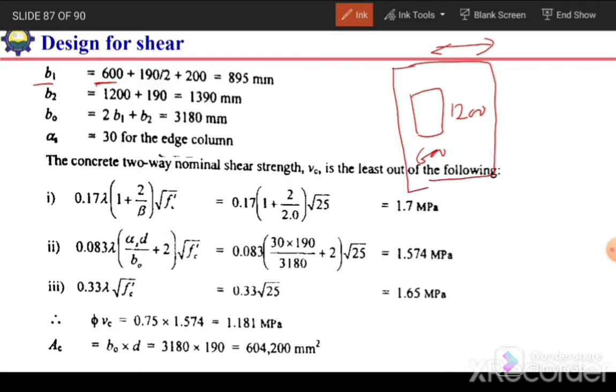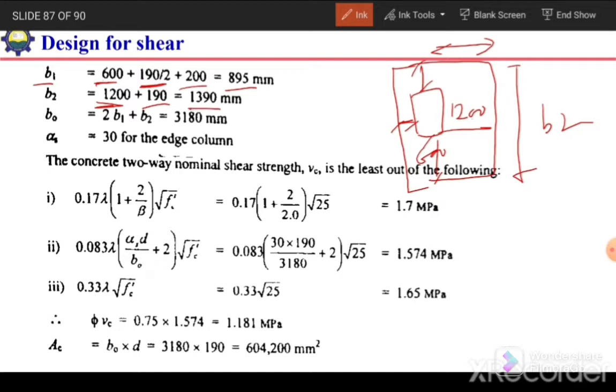So 600 column dimension, 190 by 2 this dimension, d by 2, and 200 the extension of the slab from face of the column. So it will be 895. And in case of b2, it will be 1200, the dimension of column, plus d by 2 from this side and d by 2 from this side. So it will be equal to plus d. So it is 1390 millimeter.